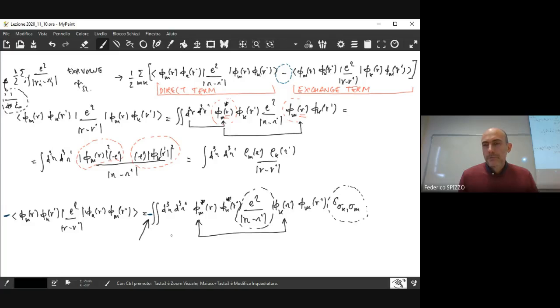In principle, if all the spins of the electrons were parallel with each other, then you may have a very big negative contribution coming from this integral. So you may reduce to a great extent the energy of the system if it was possible to have all the electrons with the same spin state. And if you have all the electrons with the same spin state, you have a ferromagnetic system. So this term here is at the basis of ferromagnetism.